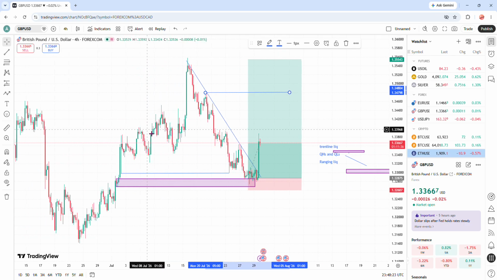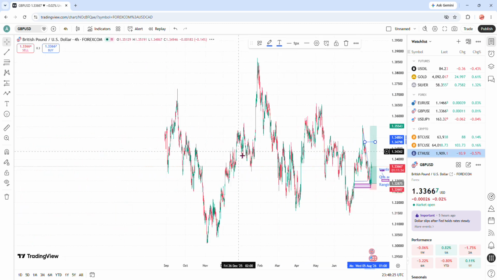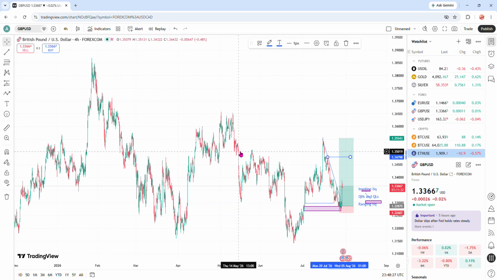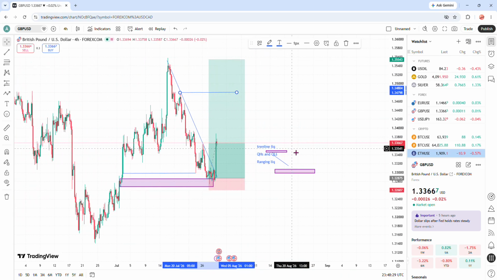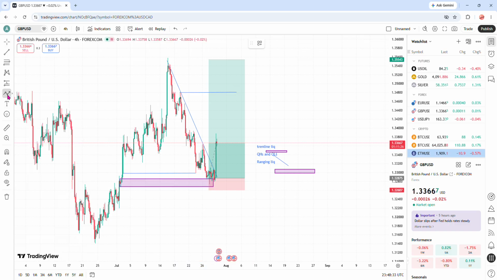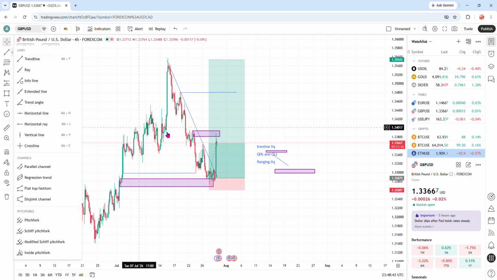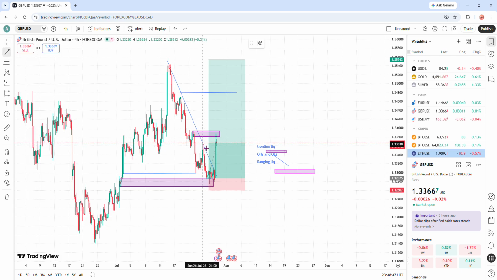So if probably you saw this and had the vibe to short this market, and you're an SMC trader for instance, you saw your order block present here. This is an order block. Your inducement is also present.